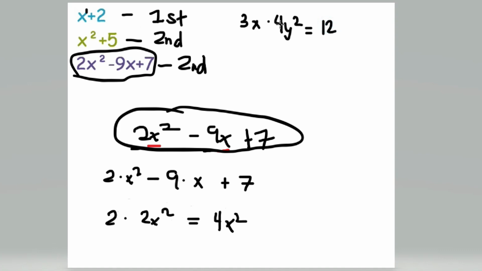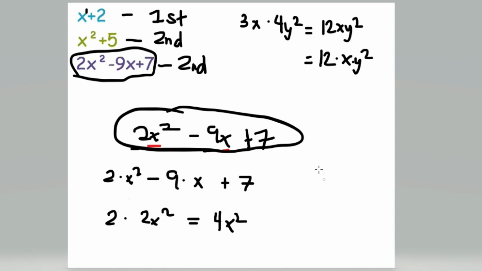Then, pag nagmo-multiply ng variables, ay pagdidikit lang sila. So, coefficient 12 times dikit x, and then dikit yung y squared. So, in other terms, pwede rin itong maging equal sa 12 times x times y squared. Extra knowledge lang before going to the next part.